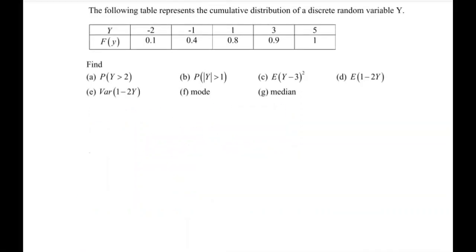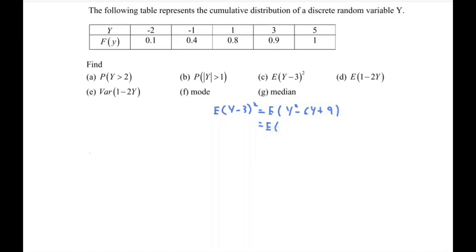Next, kindly refer to C. Question C asks us to find the expected value for (y minus 3) to the power of 2. So in here, what we have to do is to find the situation given. E[(y minus 3) squared]. Kindly expand the situation. E[y squared minus 6y plus 9].